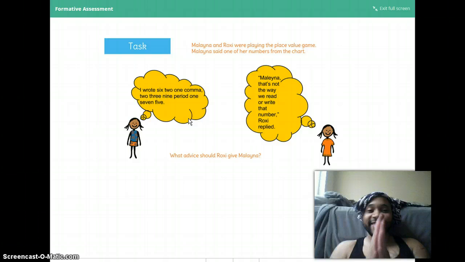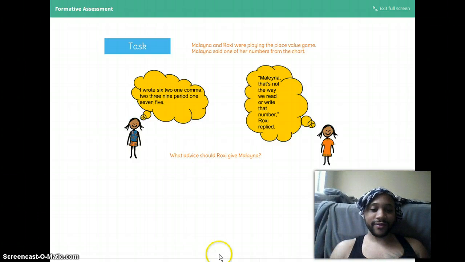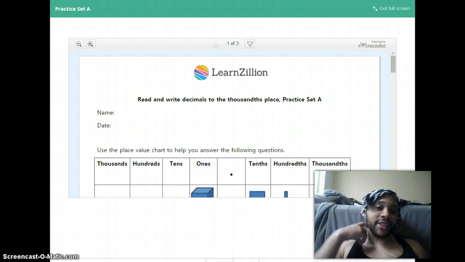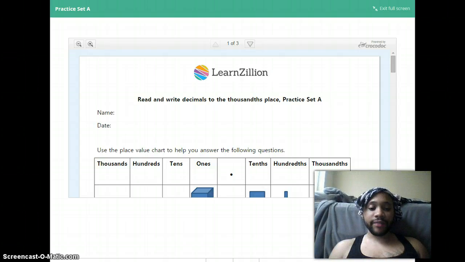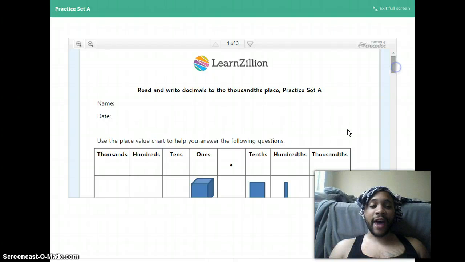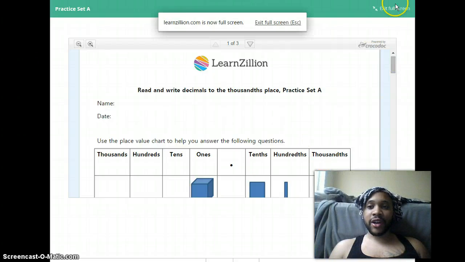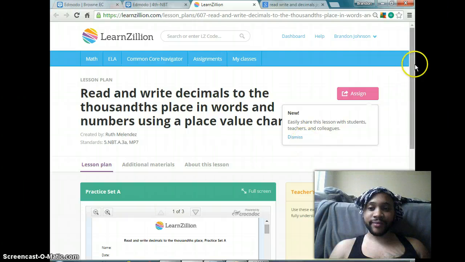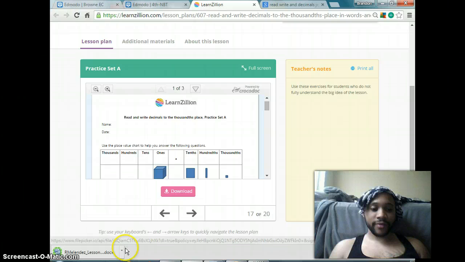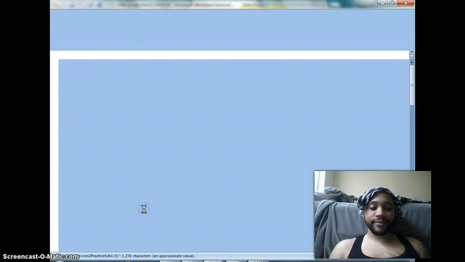Good luck. Oh, I'm not done. So if you happen to finish early, for the rest of the week, I've given you some activities that you can also work on. It's really simple. All you got to do is you can either download this activity. Again, if I exit my full screen and you see me scroll down, if I hit the download, it's going to pop up.